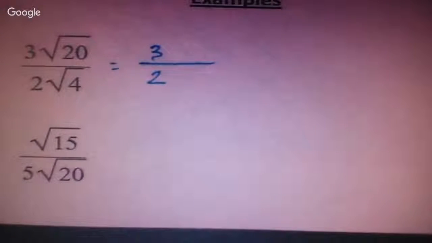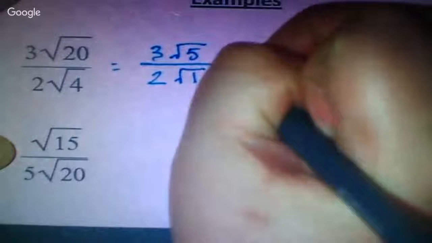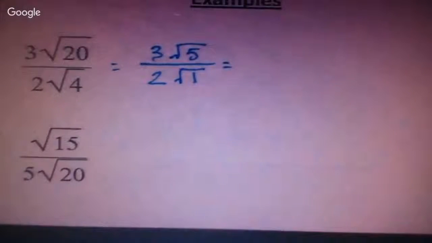Now they want me to simplify my radicands. I've got a 20 over 4. What does 20 over 4 reduce down to? 5 over 1. So this now becomes the square root of 5 over the square root of 1. So we did step 1 and step 2.